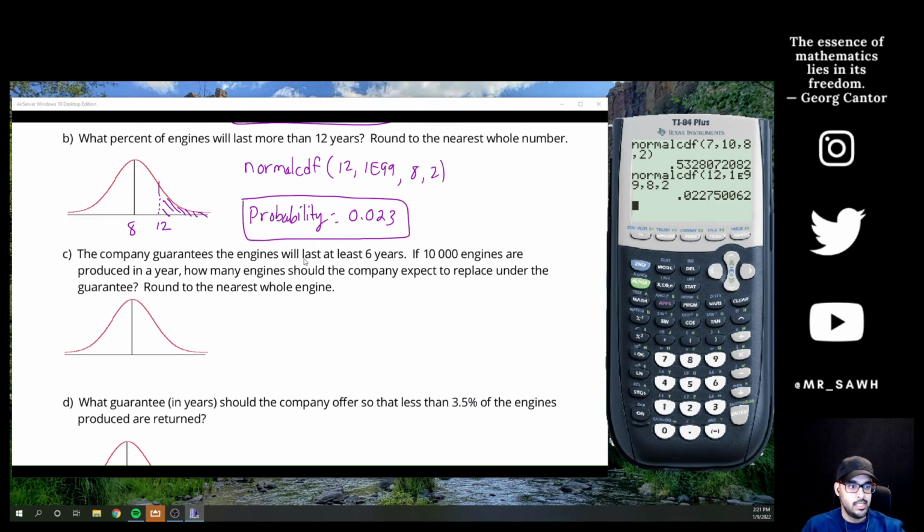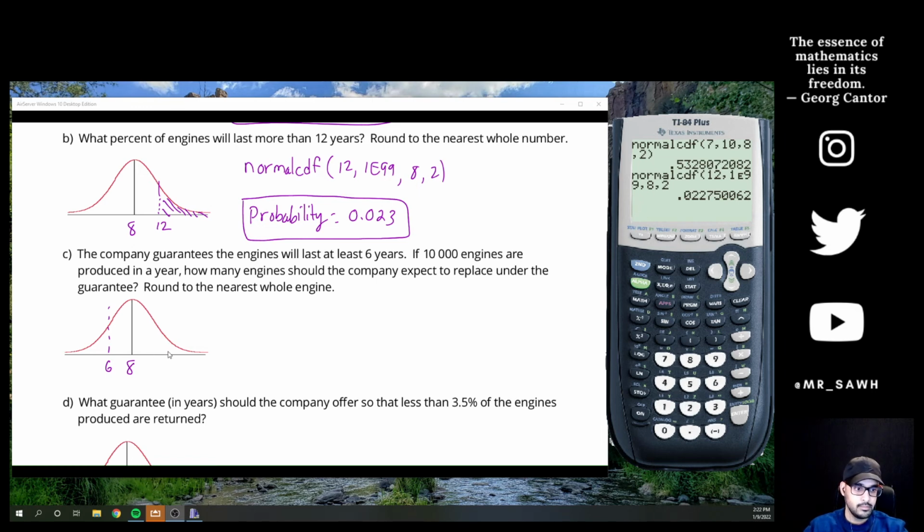Okay, the company guarantees these engines will last at least 6 years. Now, if 10,000 engines are made, how many should they expect to replace under this guarantee? Okay, so this is a pretty generous guarantee, because if the average is 8 years and they guarantee it for 6, you can pretty much take your lawnmower back once you hit that 6-year mark, and they'll give you a new one.